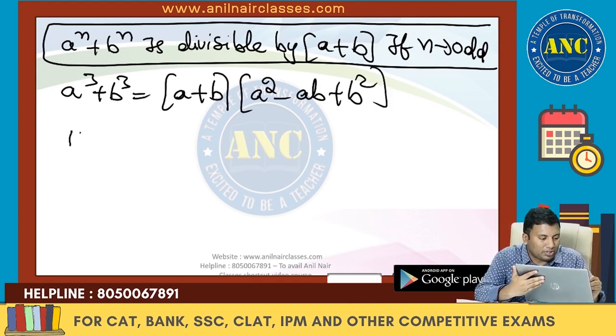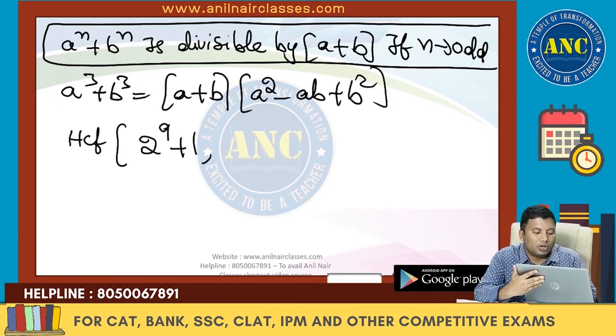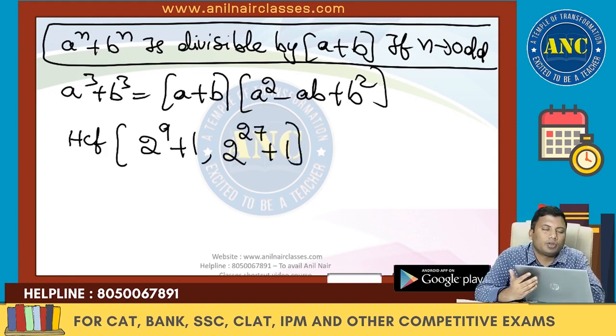Right? Suppose I take an example of 2 power 9 plus 1 and 2 power 27 plus 1.